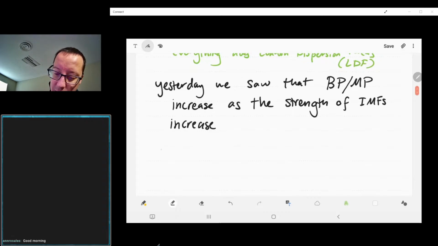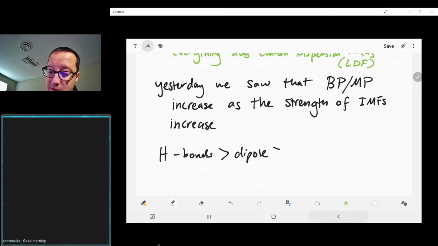And we also know that hydrogen bonds were going to be our strongest ones overall. Remember, they're small and relatively highly charged because of their difference in electronegativity. And then we had the London forces at the end.